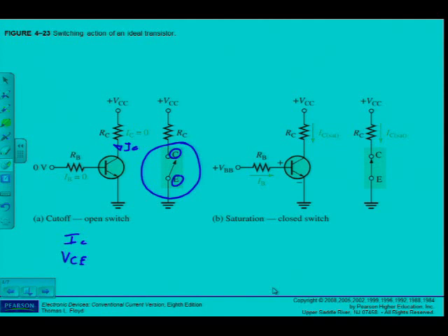Okay, so when it is in cutoff, we've seen the value of IC, because of the formula that says IC is equal to beta DC times IB. I can see there, of course, IB is equal to 0, then of course IC will also be equal to 0.